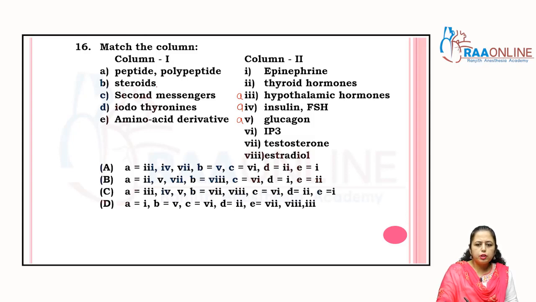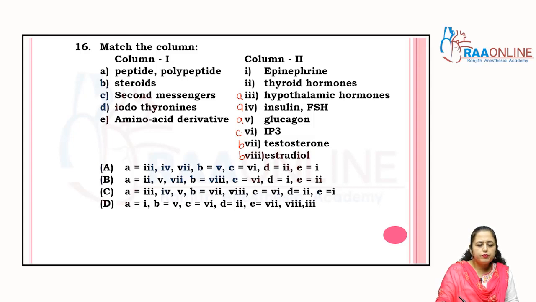Steroidal hormones, when we talk about steroidal hormones, are testosterone and estradiol, right? Instead of epinephrine, all these two hormones are the steroidal hormones. Second messenger is IP3, that is inositol triphosphate.